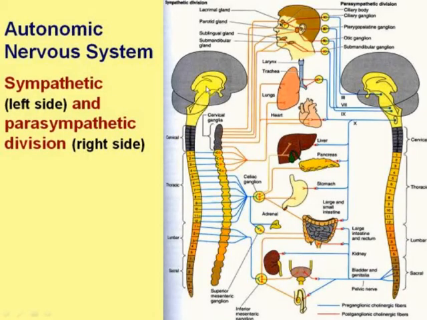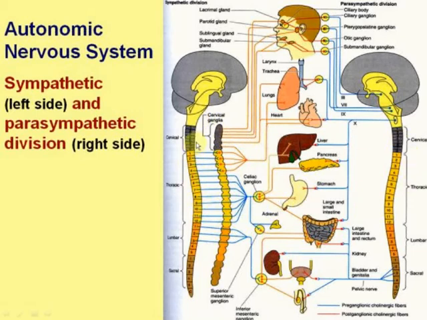The autonomic nervous system is part of the nervous system and consists of two parts: the sympathetic, left side, and the parasympathetic division, right side. Together they innervate every organ of the body. Both consist of central and peripheral parts.